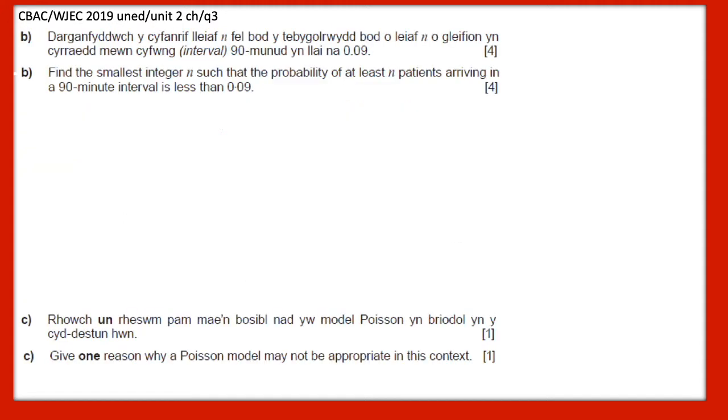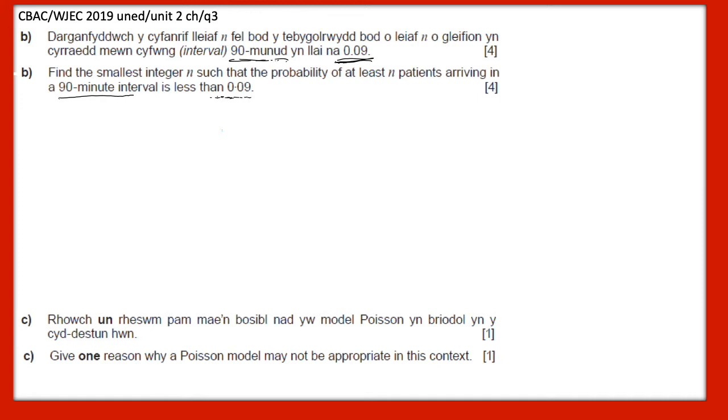Now, in this particular case, and this is common with exam questions, they've changed the time scale. It's a 90-minute interval, therefore you're going to have to change your parameter, and we want it to be less than 0.09. So we're looking for our probability for something to occur to be less than 0.09.